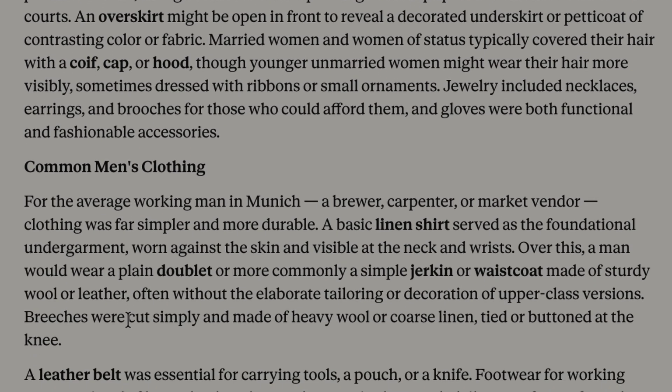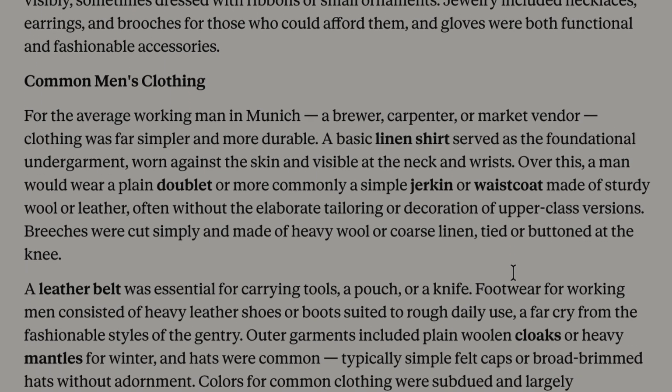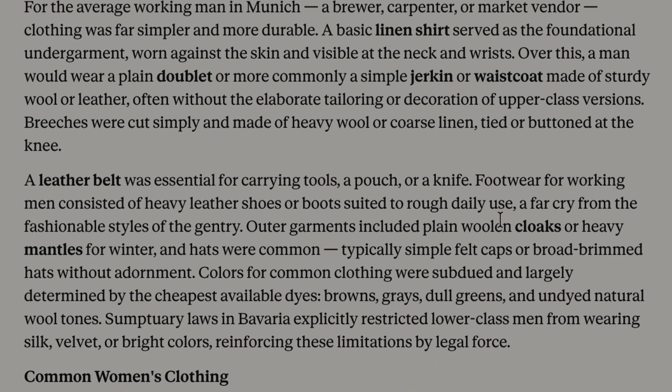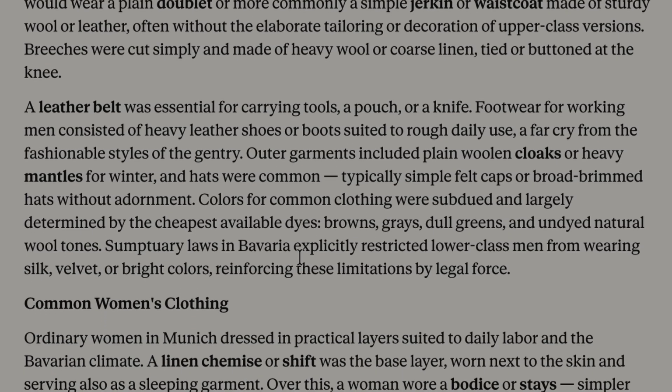Common men's clothing, basic linen shirt as a foundational undergarment worn against the skin, and then a doublet, or more commonly jerkin, waistcoat made of sturdy wool or leather. A leather belt was essential for carrying things. Cloaks or heavy mantles for winter.